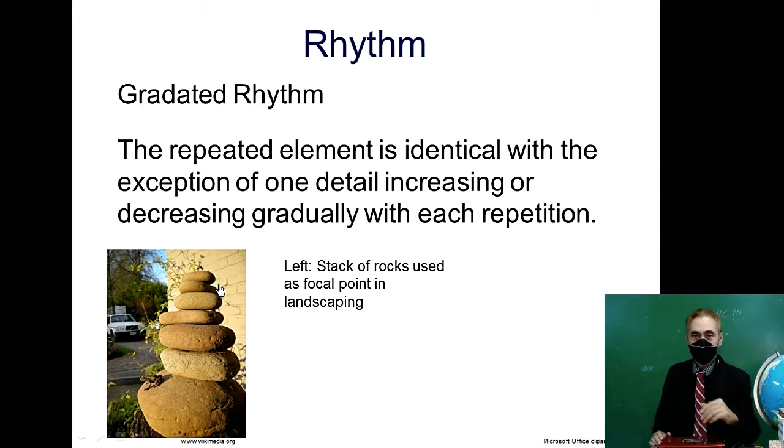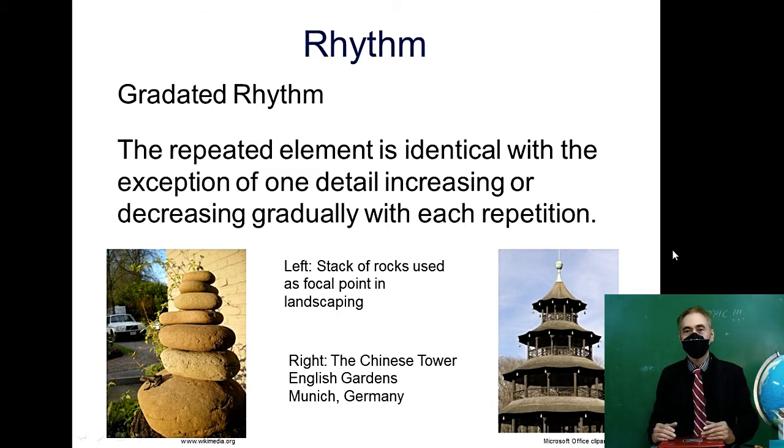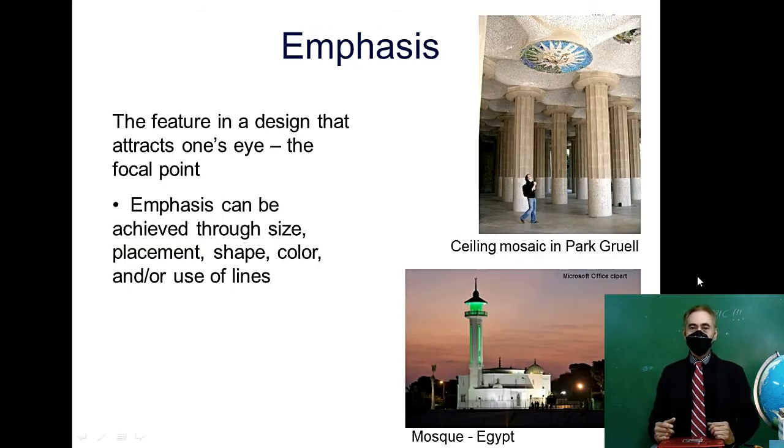But the rhythm is there, only that it is gradated, and it's either increasing or decreasing gradually with its repetition. Another example of gradated rhythm is the pagoda. It is a religious structure in Buddhism or in Taoism.